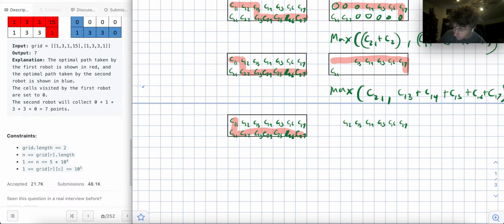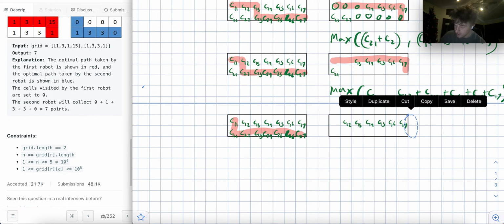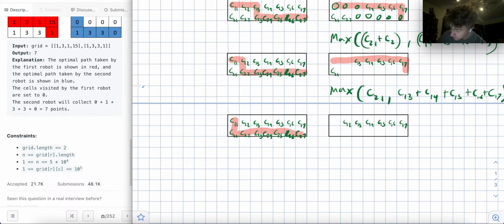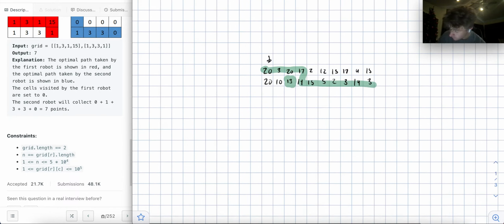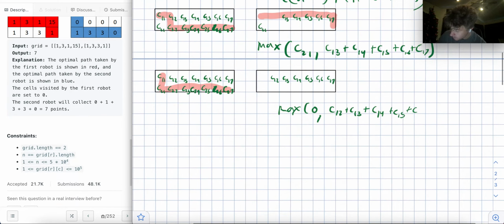So the second robot could either take nothing going down or everything to the right. So you could take the max of nothing or all the stuff to the right: C12 plus C13 plus C14 plus C15 plus C16 plus C17. So then what does that mean?